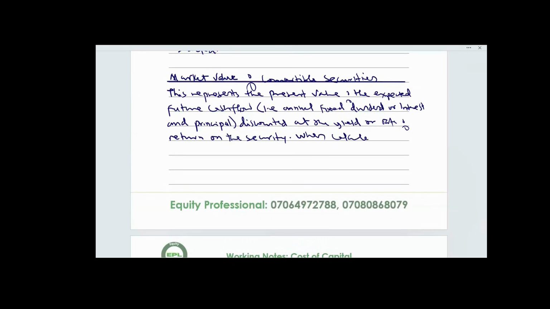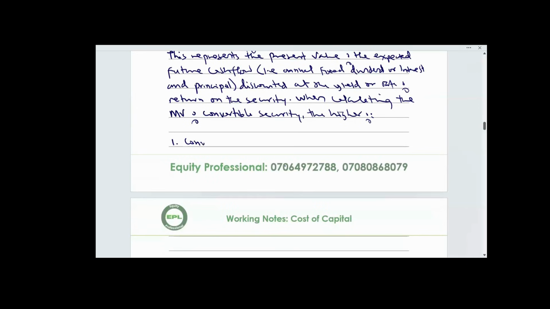When calculating the market value of convertible securities, the higher of one, conversion value, or two, redemption value should be selected.